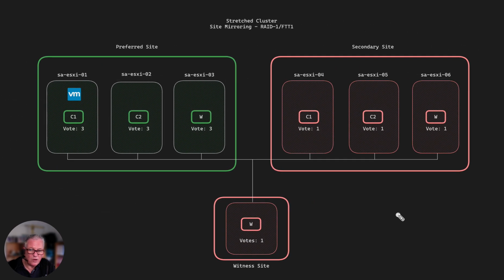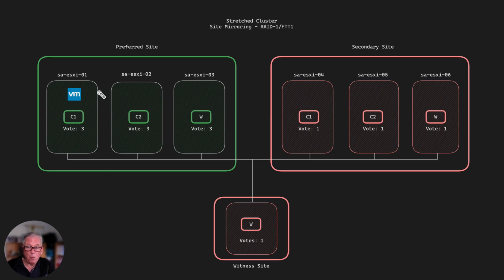Okay, so now we have a subsequent failure. We've lost the witness. We already lost the secondary site, and we still have a preferred site. Let's take a look at the votes. 3 plus 3 plus 3 is 9 votes. That's still a majority.